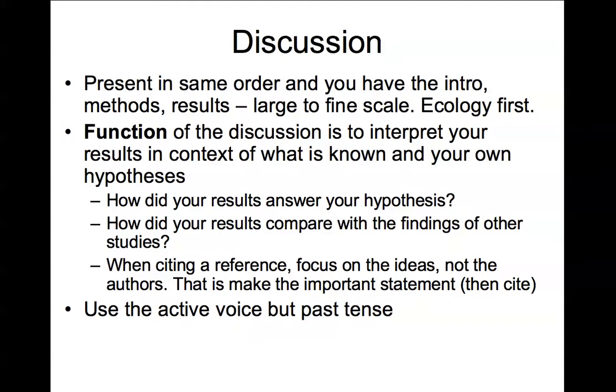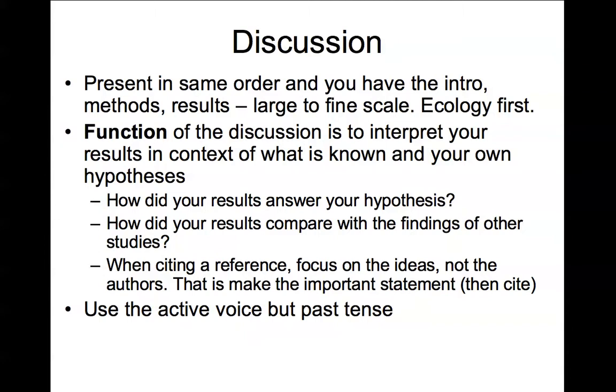The function of the discussion is to interpret the results that you just objectively presented in the results. And you want to put that in the context of what is known and the context of your hypotheses. Quite often the discussion will have an introduction paragraph that sums up the main points, and then you can move into detail.